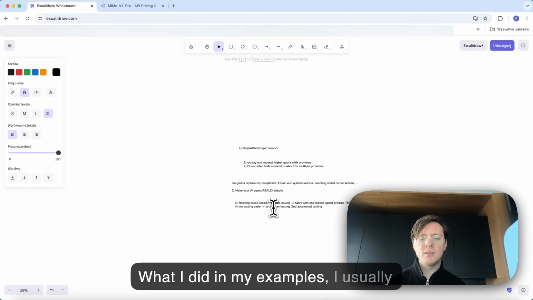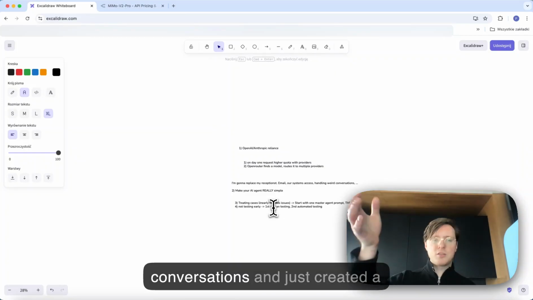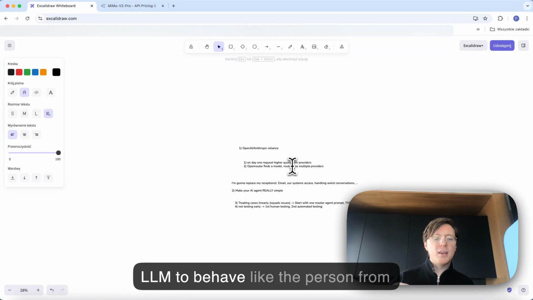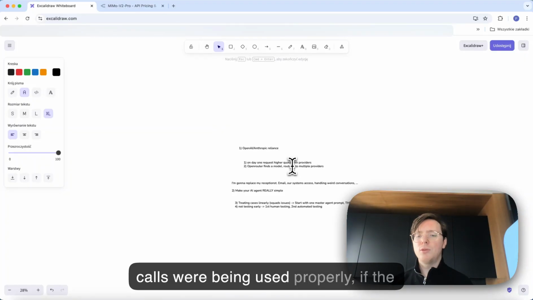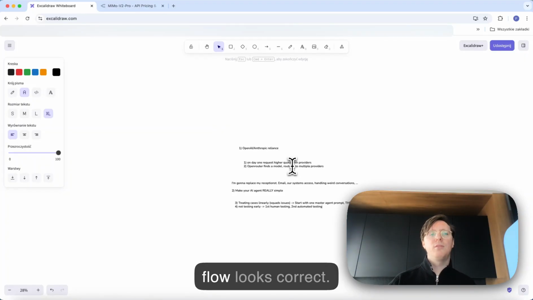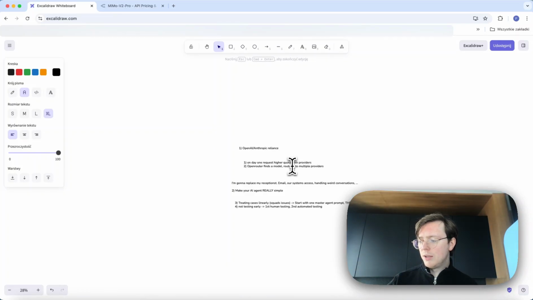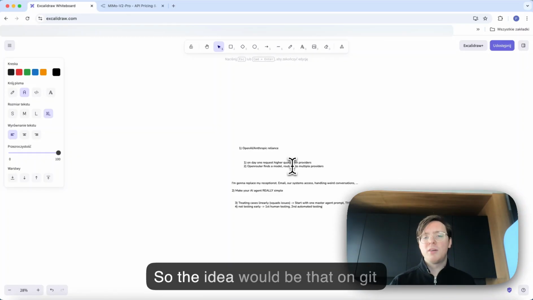What I did in my examples, I usually took the transcripts from actual conversations and created a very simple system where I asked an LLM to behave like the person from the transcript, and I'd see if the tool calls were being used properly, if the flow looks correct. This would be done via automated LLM evaluation, right?